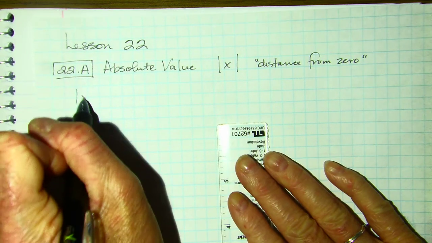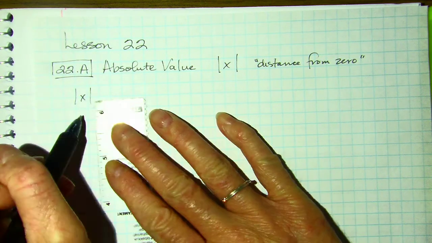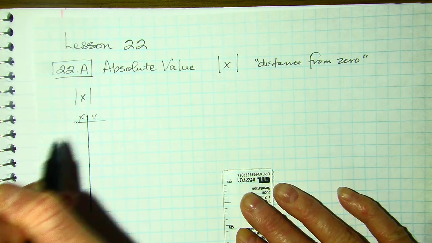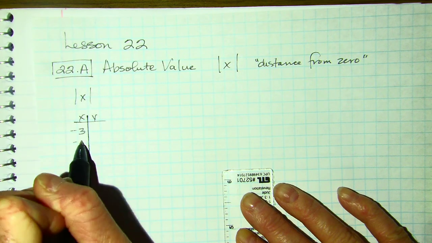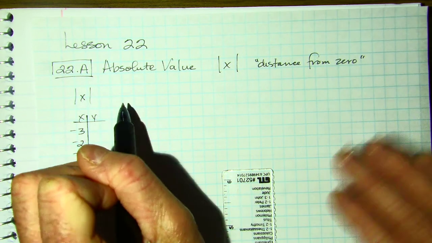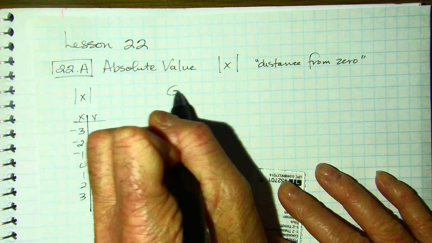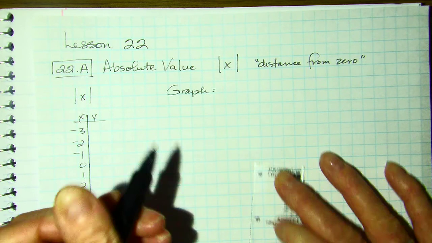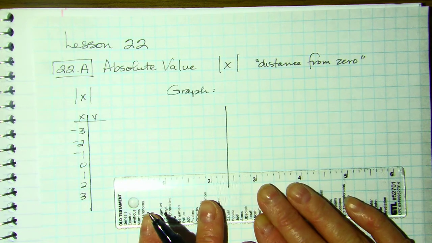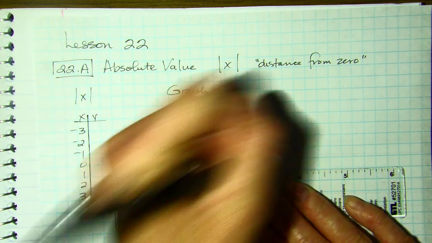So the absolute value of x, if I was to make a table, x, y, if x is -3, -2, -1, 0, 1, 2, 3. Because you will need to know what the table looks like, and you will need to know what the graph looks like. Very, very important because you will be asked to graph, so you need to be able to do that by hand.